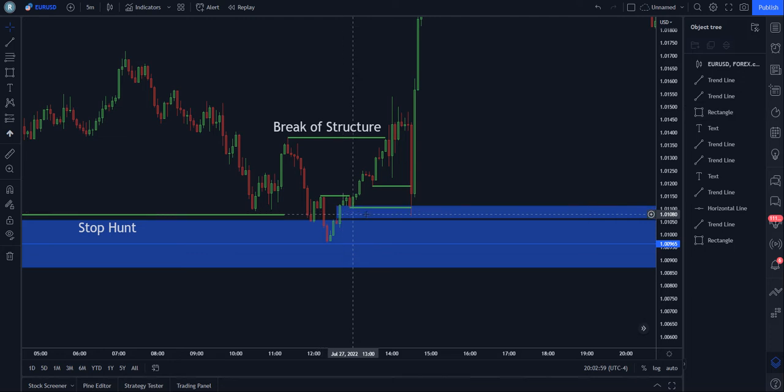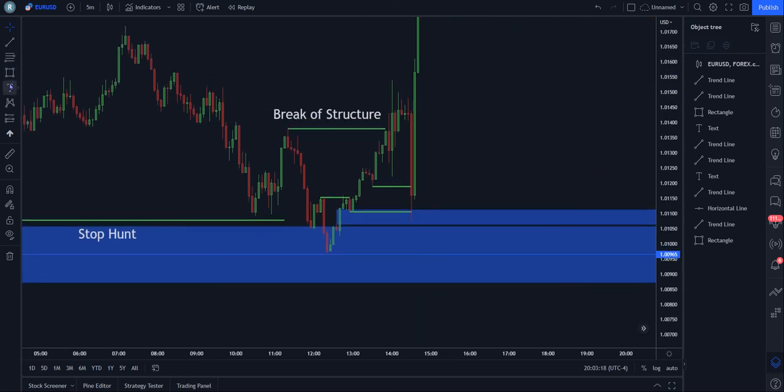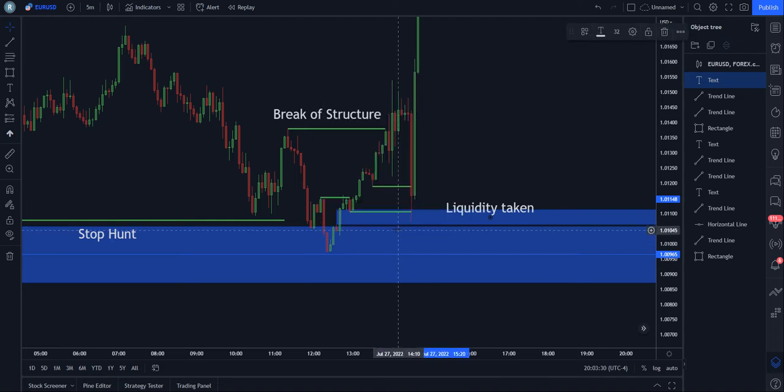So a number of confluences adding up for me to pay attention to this gap. So in a sense, the third step is for liquidity to be built up and then taken. And I count gaps as liquidity taken.